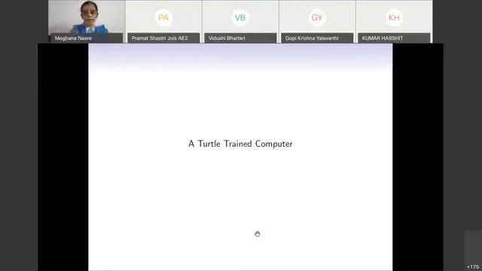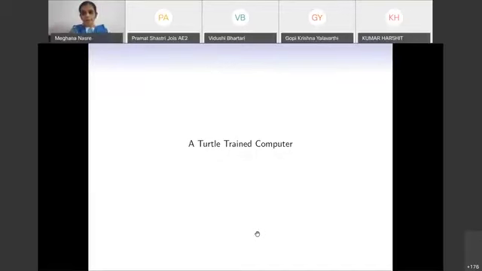And I'll say what a turtle trained computer is. It is not a thing that is of my imagination. In fact, I have my computer turtle trained, and you can turtle train your computer as well and play with it. And it's not at all difficult. So this is what we are going to do.